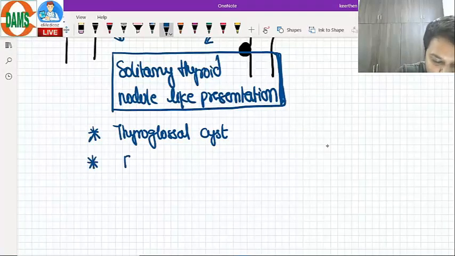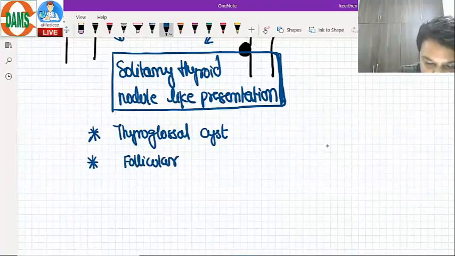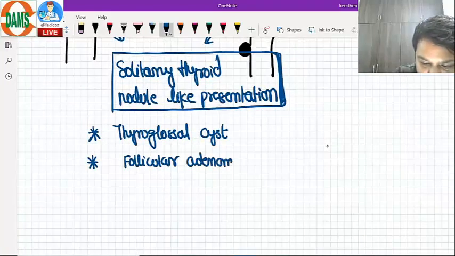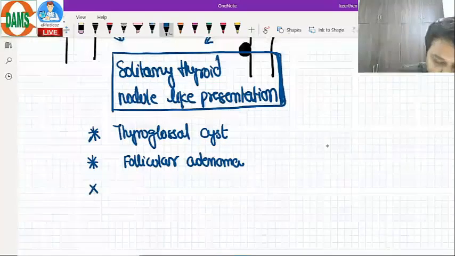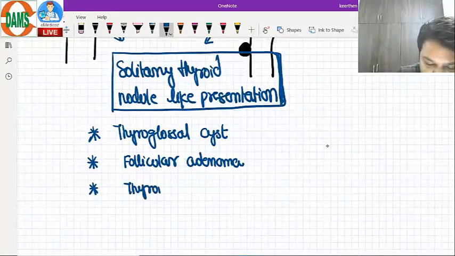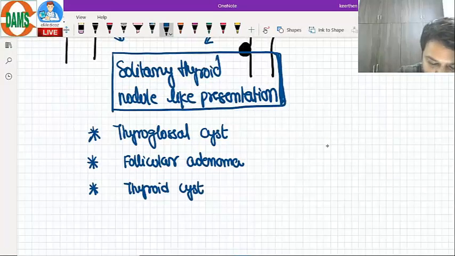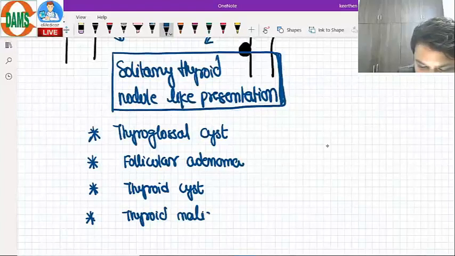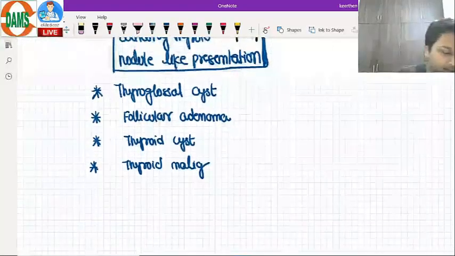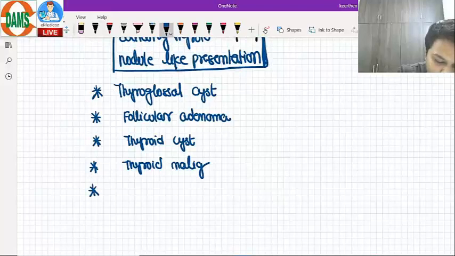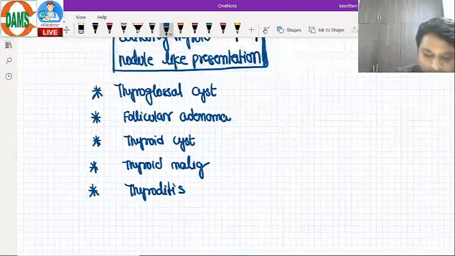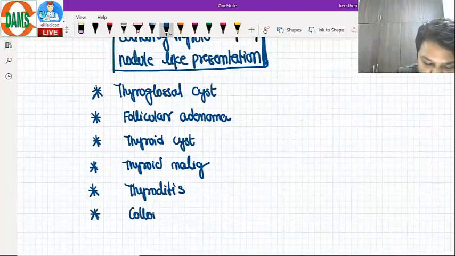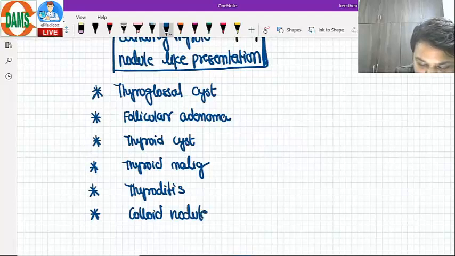Apart from that, the other ones are follicular adenoma, thyroid cyst, thyroid malignancy, and thyroiditis. Even sometimes an isolated colloid nodule. These are the conditions.